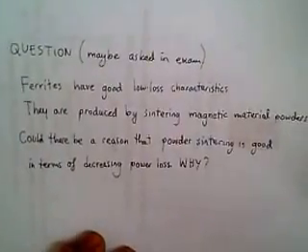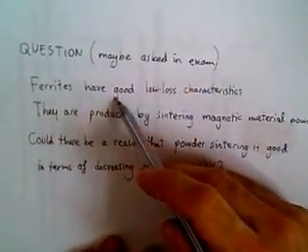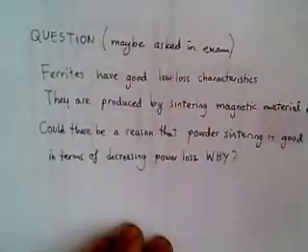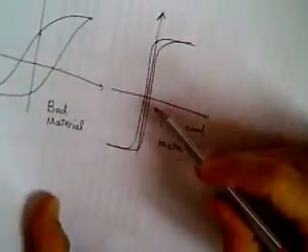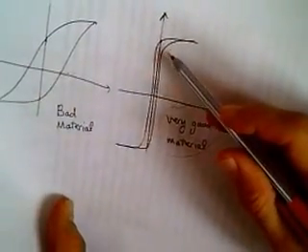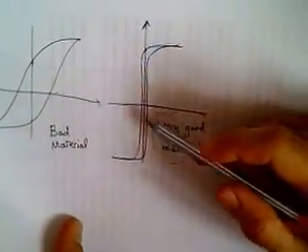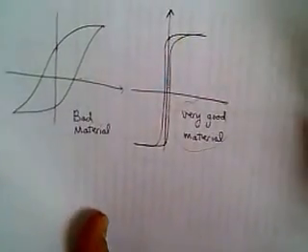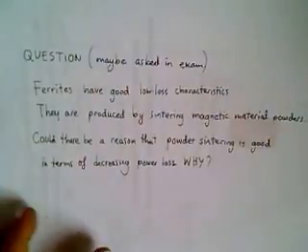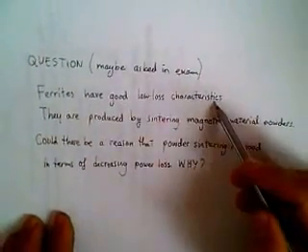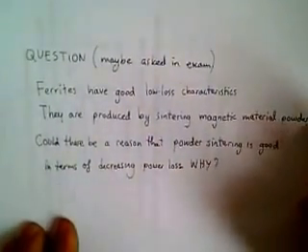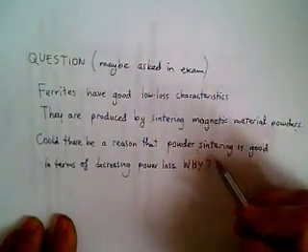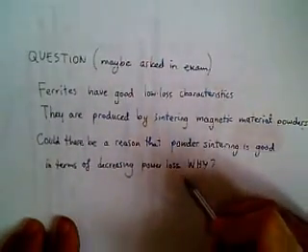So we may ask a question. Ferrites do have good low loss characteristics. Yes. So this is like the ferrite material magnet characteristics. This is ordinary iron or a very simple solid ferromagnetic material. Ferrites have good low loss characteristics. They are produced by sintering magnetic material powders. Could there be a reason that powder sintering is good in terms of decreasing power loss?